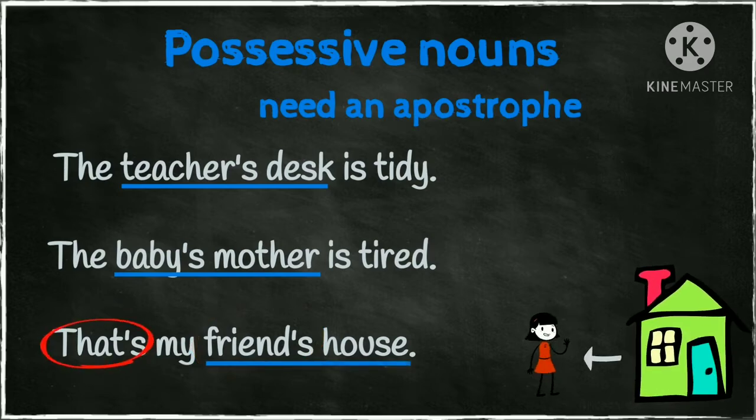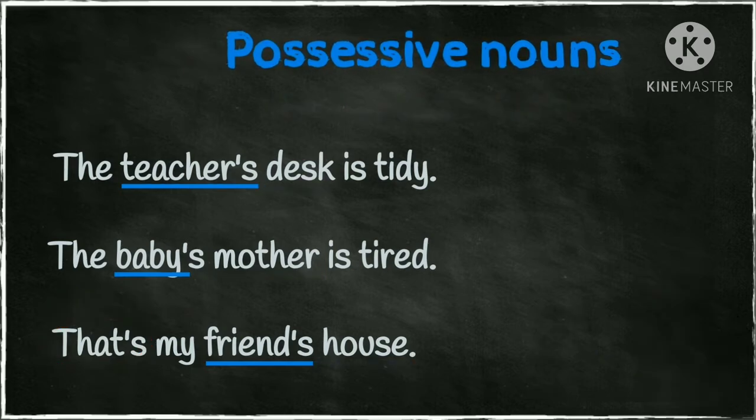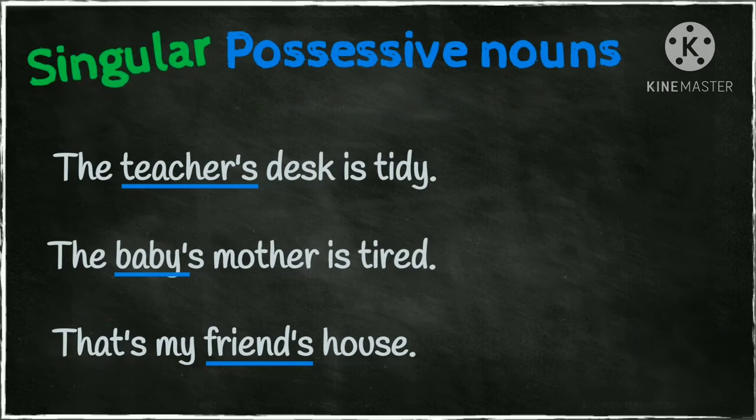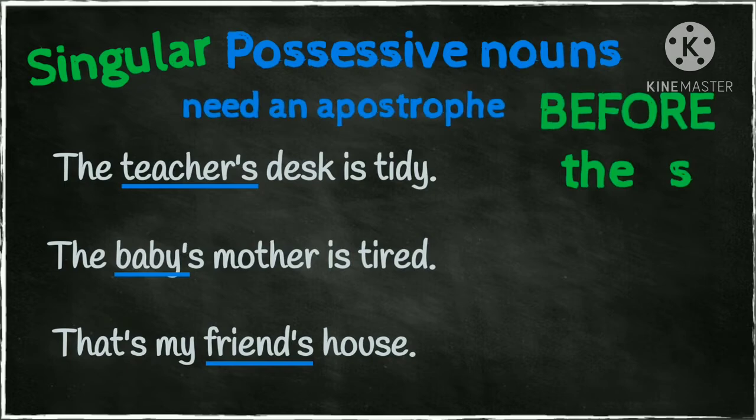The word that's is a contraction, short for that is. These are examples of singular possessive nouns. Singular possessive nouns need an apostrophe before the S.